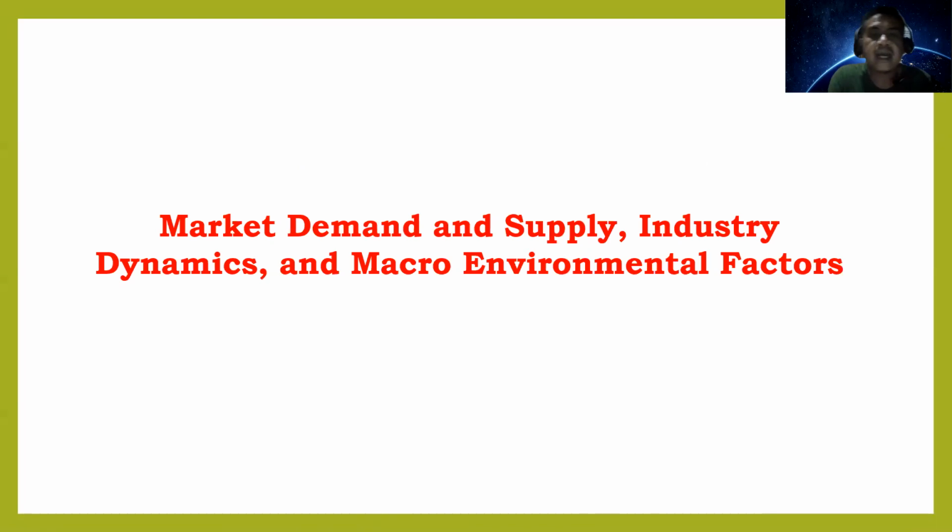Now, the market demand and supply, industry dynamics, and macro environmental factors is the fifth section of the business plan. The business plan should estimate the total market supply and demand for the product offerings of the enterprise. Then the business plan should determine the major critical factors that influence this market demand and supply.